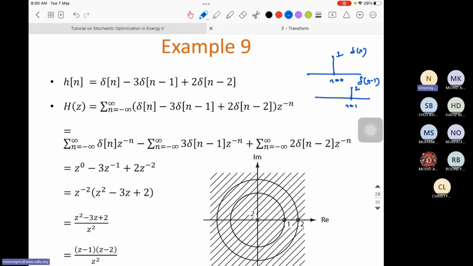Now, this is equal to z to the power 0, which is 1, minus 3z to the power minus 1 plus 2z to the power minus 2. Now, if we take z to the power minus 2 common here, we will get this polynomial, z square minus 3z plus 2, and then z to the power minus 2 we can write directly in the denominator.